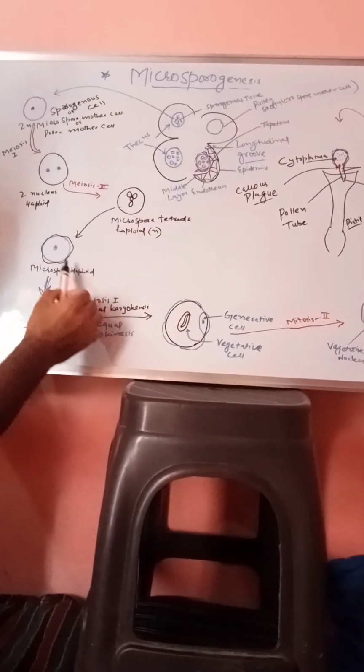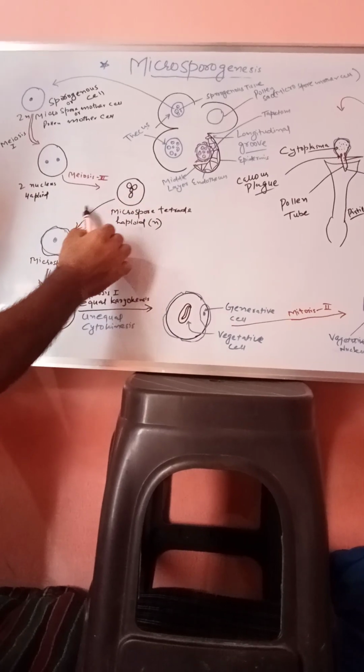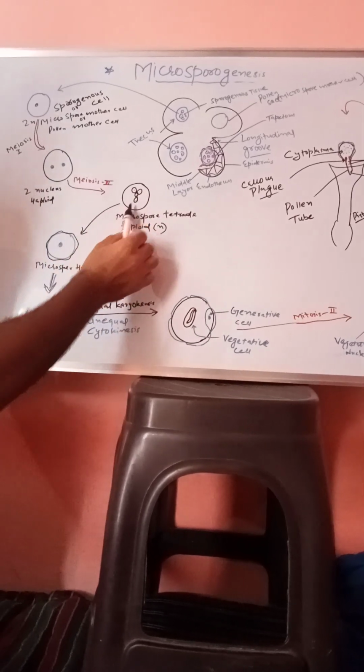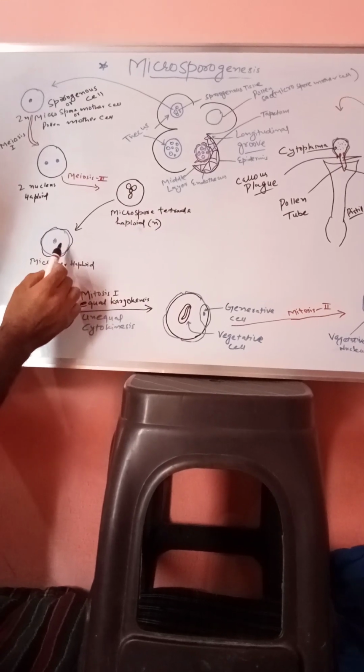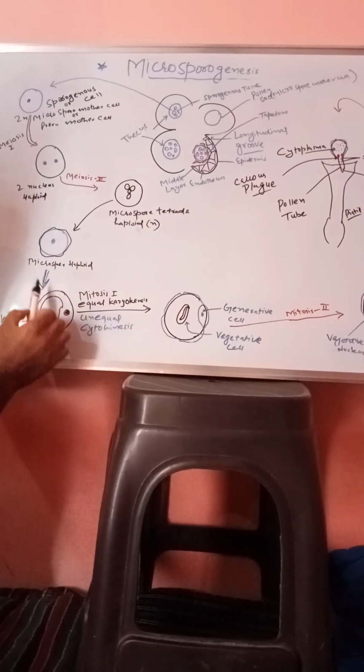We can take just one of these microspores, and its nucleus has the haploid number of chromosomes.